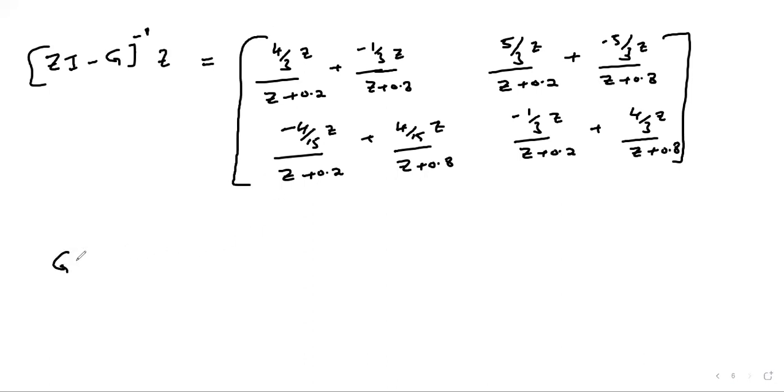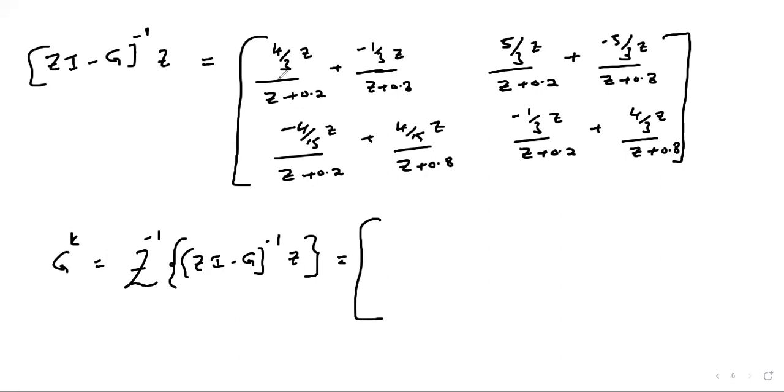Then we can get our G^k, which is the inverse Z transform of (zI - G) inverse multiplied by z. That means we get the inverse Z transform of each of the parts that we have.